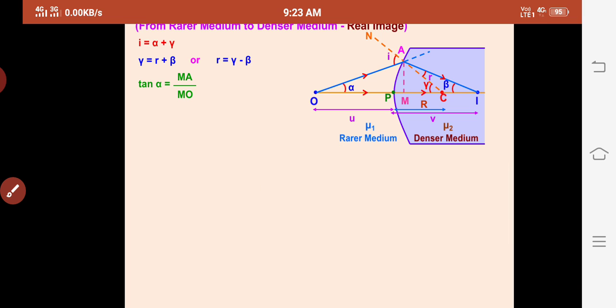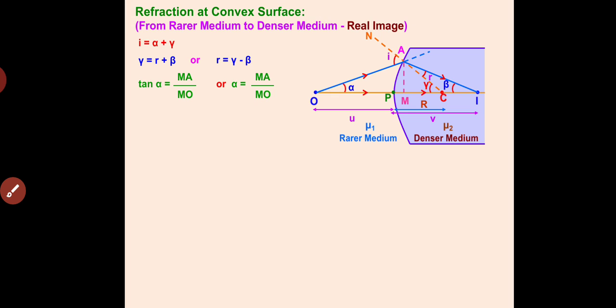Look at these equations. Alpha equals AM upon MO. Alpha can be written as perpendicular upon base, and the perpendicular is AM. Since I and R were taken very small in the previous assumptions, and the aperture is very small, we can write tan alpha as alpha.